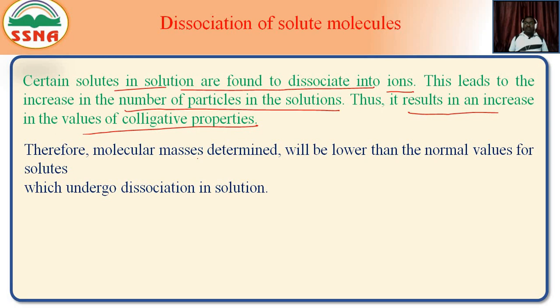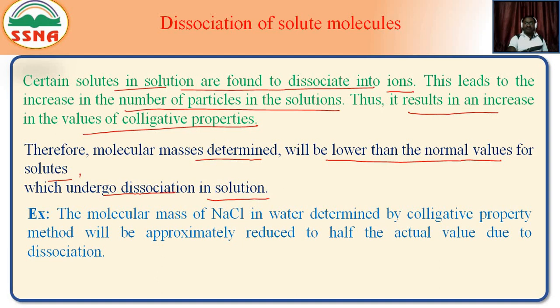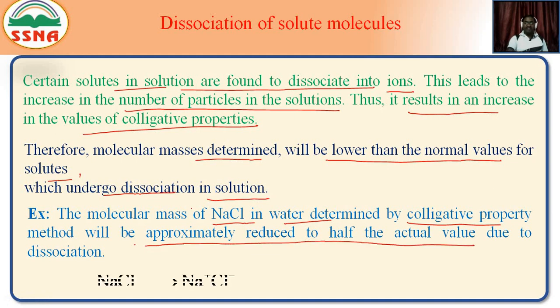Therefore, molecular masses determined will be lower than the normal values for solutes which undergo dissociation in solution. For example, the molecular mass of sodium chloride in water determined by the colligative property method will be approximately reduced to half of the actual value due to dissociation.